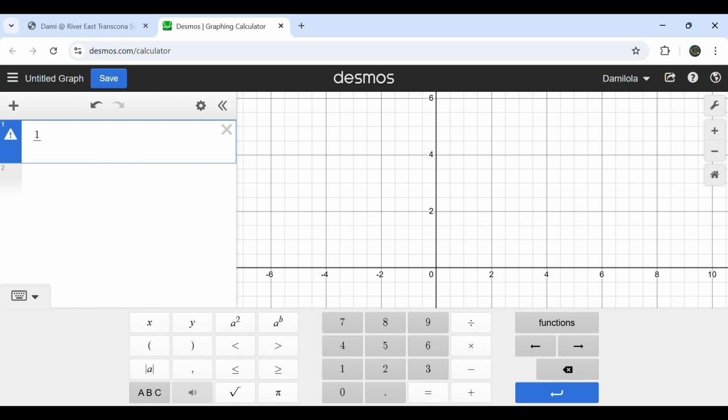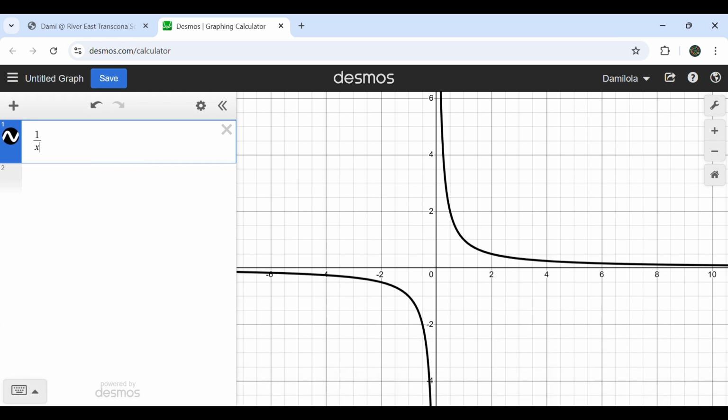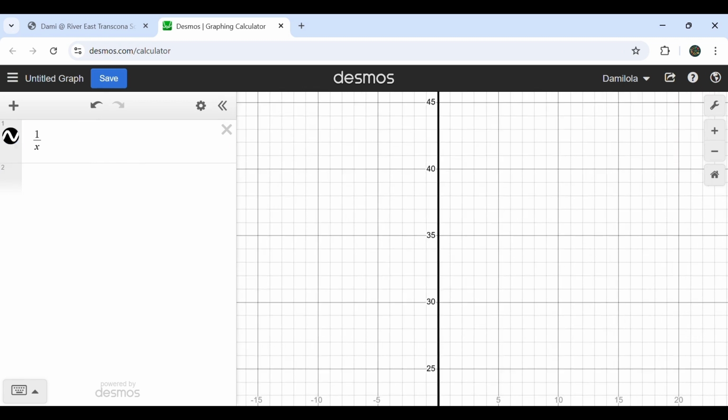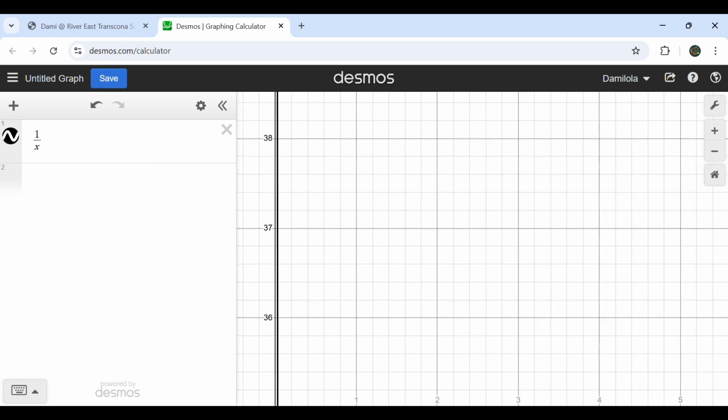Reciprocal graph will have a line in the middle because of the zero. You can't divide numbers by 0, so it will be undefined. This is what a normal graph would look like.